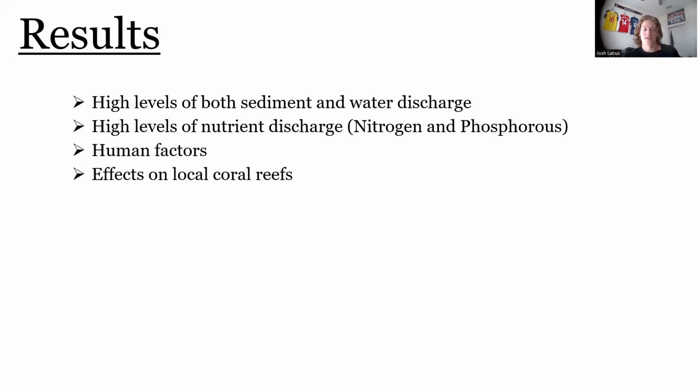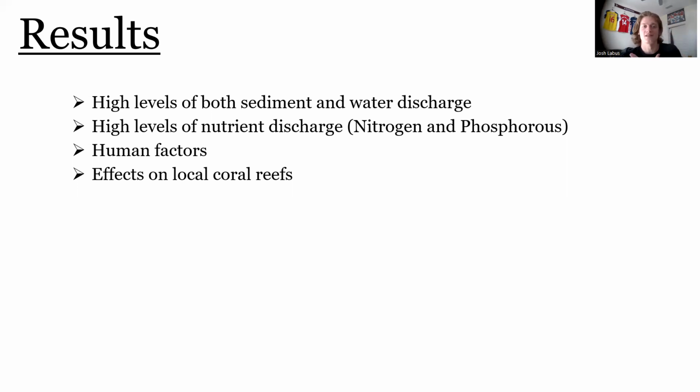And so the human factors that they talked about, obviously agriculture, but also wastewater, which is going to be impacting water quality, freshwater water quality specifically, but that obviously flows into the ocean.